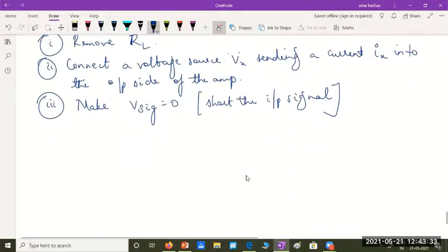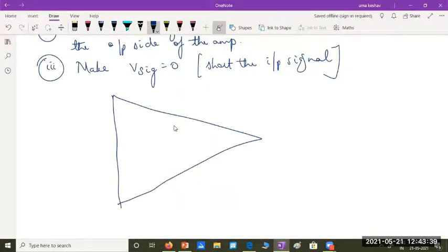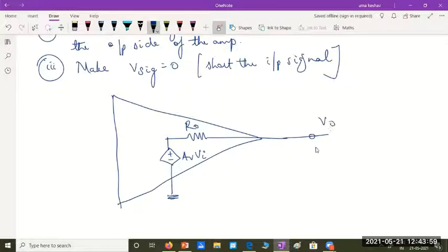So let's try to do all that to this circuit. The output side of the circuit is like this. You have this dependent voltage source AV into Vi. We have the output impedance R0 here, which is obtained from the Thevenin's equivalent. Now I should remove RL, this is where I have RL.